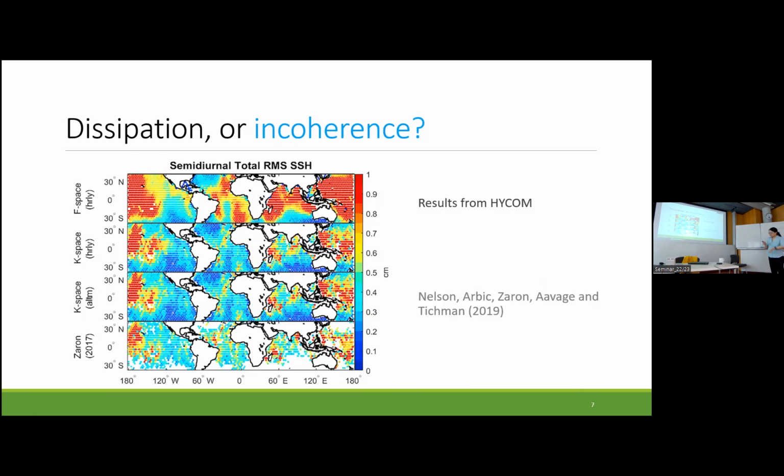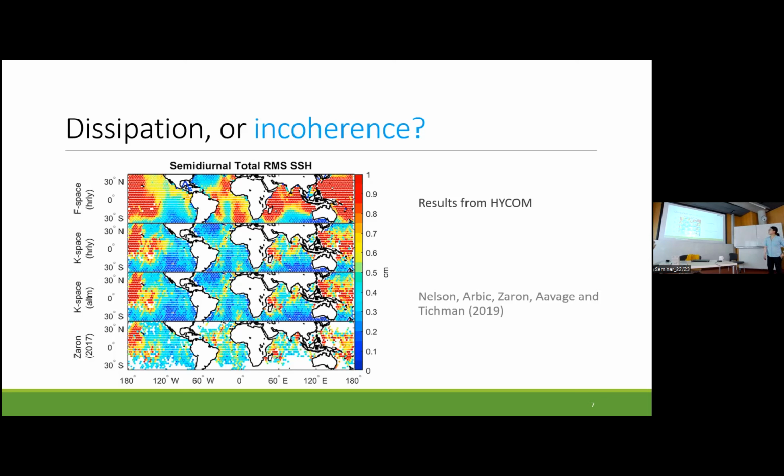And there is another, I think, powerful demonstration of how bad the problem is. These are results from a complicated ocean GCM called the HYCOM model, from a group at the University of Michigan. In the HYCOM model, they have very refined outputs in time. I think they have hourly outputs.